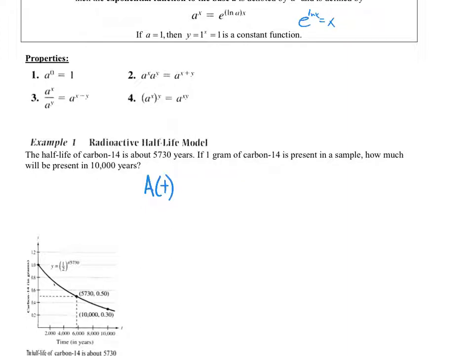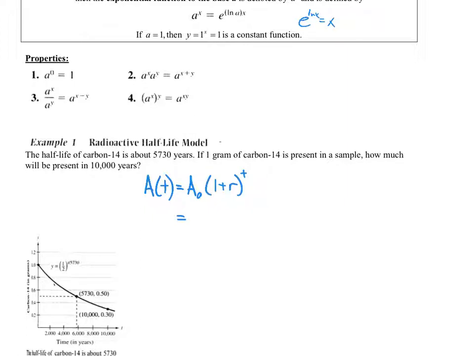Okay, so remember our amount at time t is always given by our starting amount times 1 plus the rate of change to the t power. Okay? Now our rate of change, since we're dealing with half-life, is what? A half. Okay? Minus a half, right? Because it's decaying. So r is minus 0.5.